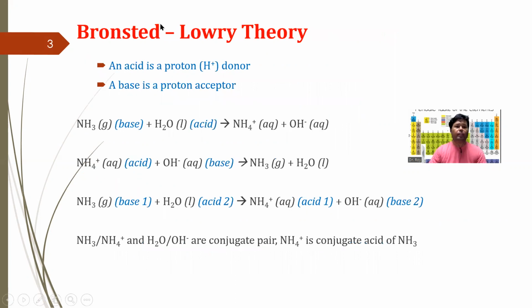An acid is a proton donor. If we consider any acid, hydrochloric acid, nitric acid, sulfuric acid, phosphoric acid, whatever, then this acid can donate one proton. What is a proton?